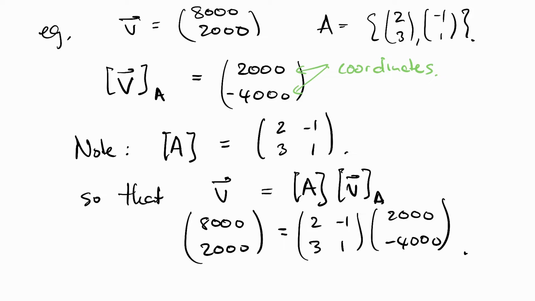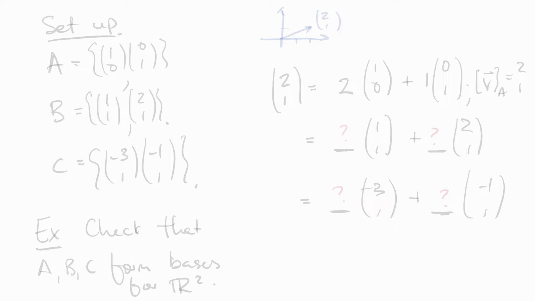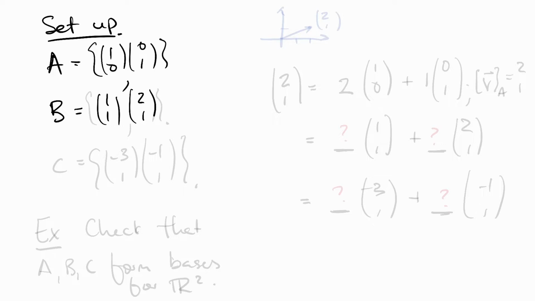All right, let's actually figure out how to find our coordinate vectors. First, we're going to have a setup. We need a few bases. Here's (1, 0), (0, 1), the standard basis. Here's another basis, (1, 1), (2, 1).